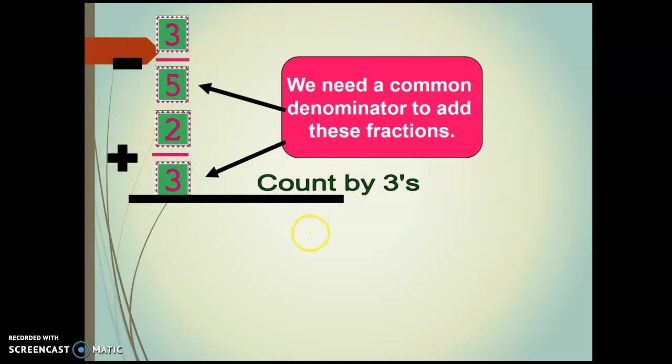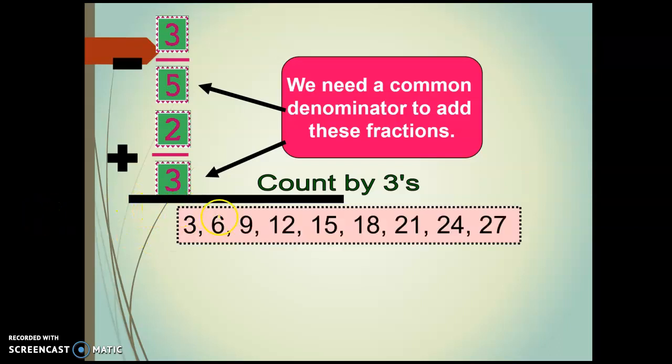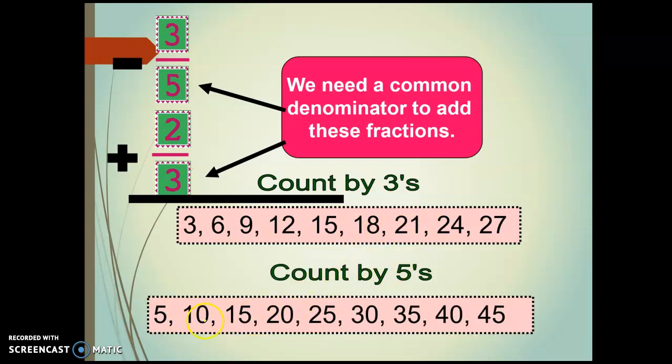We count by 3s: 3, 6, 9, 12, 15, 18, 21, 24, 27. We count by 5s: 5, 10, 15, 20, 25, 30, 35, 40, 45. So the least common one is 15, right? So therefore 15 is our common denominator.